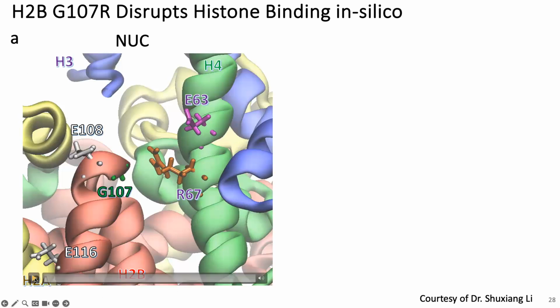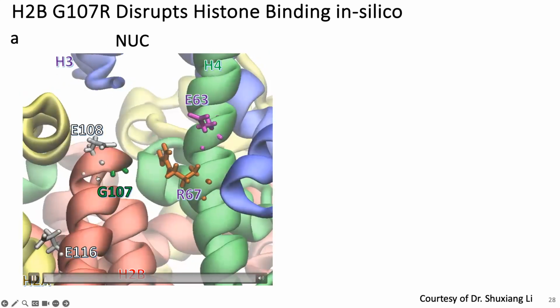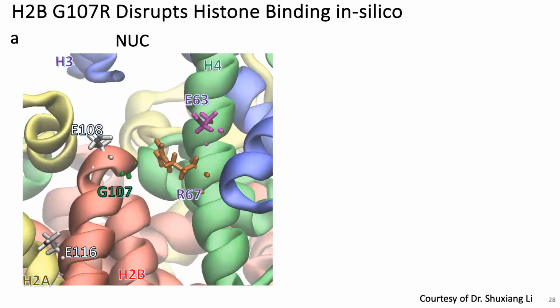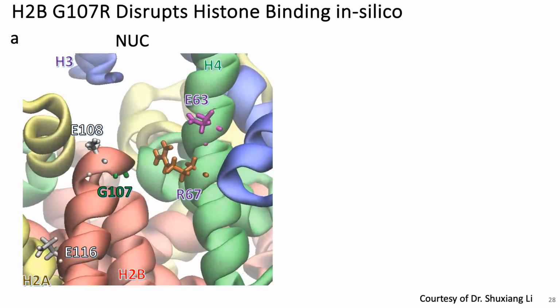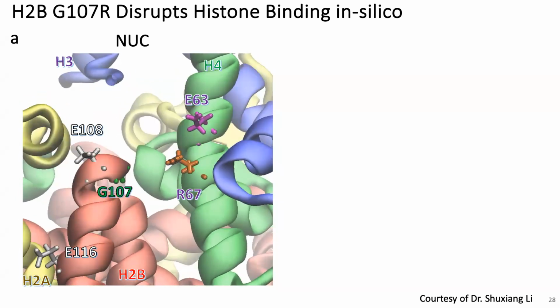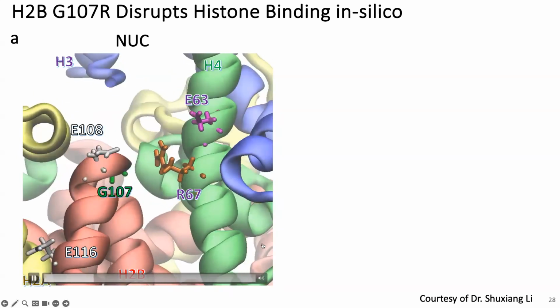So here we can see the G107 residue, or the absence of it because it's a glycine, probably the least exciting amino acid, and how the H2B protein interacts within the context of the nucleosome with the neighboring H4 protein on the right here.